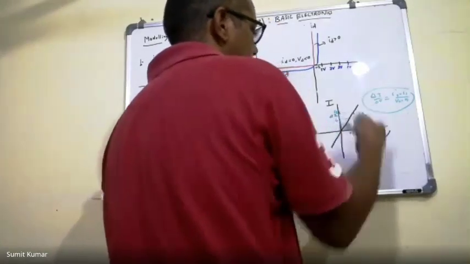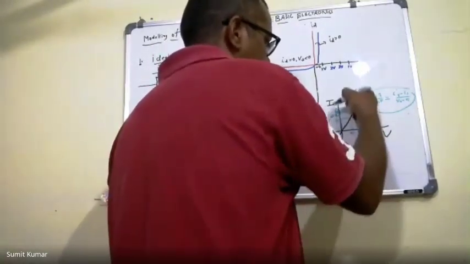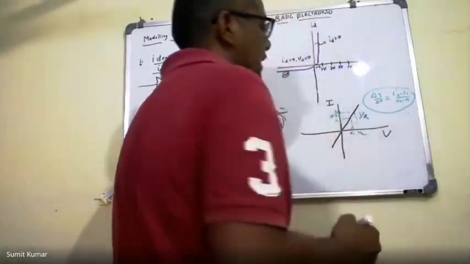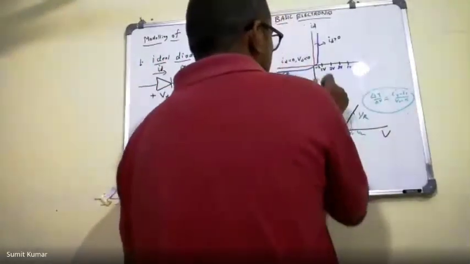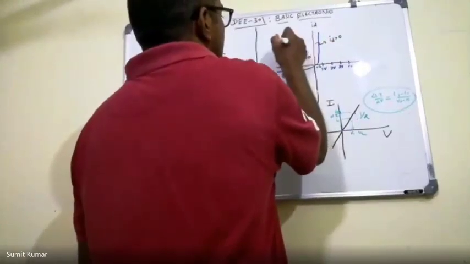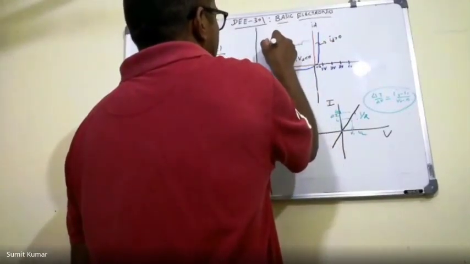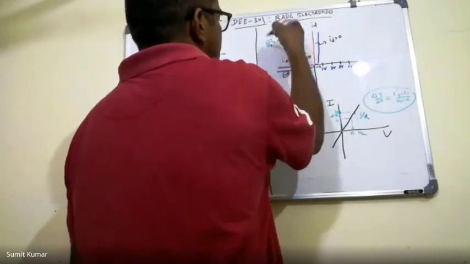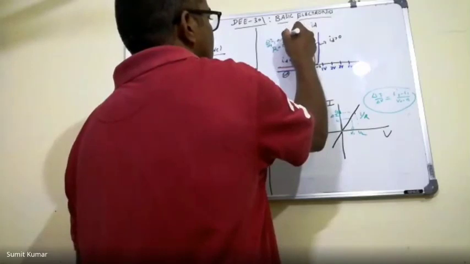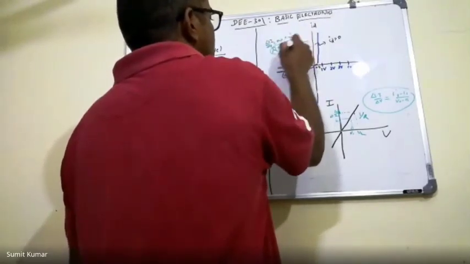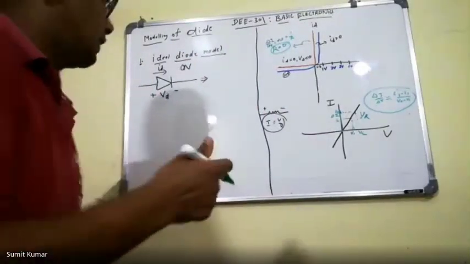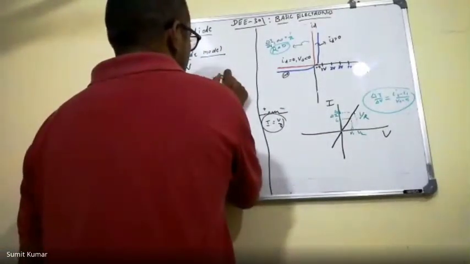So delta I over delta V will be equal to infinity, which is the inverse of resistance. Then R will be equal to 0, because delta I over delta V equals 1 upon R. If resistance is 0, then we can represent it by just a wire, or you can say a short circuit.